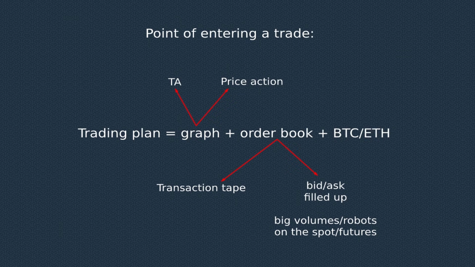Firstly, let's take the graph. This component has two parts. The first one is technical analysis or technical formations, like levels, resistance, support, patterns, triangles, flats, etc. And then there is price action. We as scalpers don't use indicators or things like that.